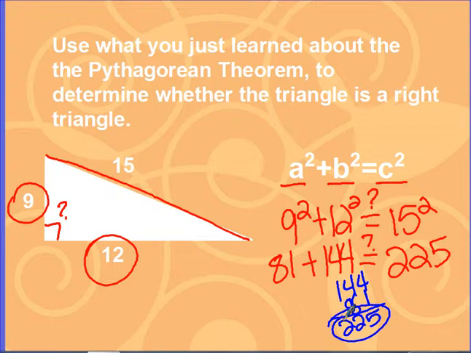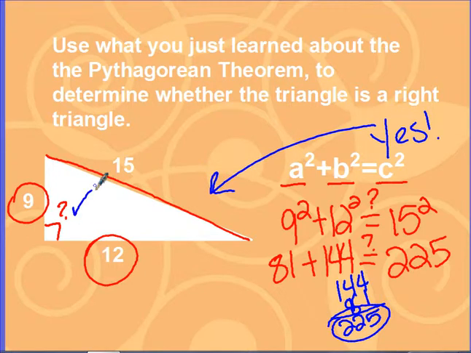In fact, it does. So I can say, yes, this triangle is a right triangle. Let's pause the movie, copy this triangle and the work of filling in the a squared, b squared, and c squared into your notes.